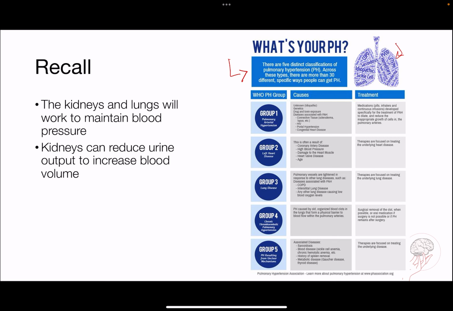But people may also just have heart disease, often the left heart disease. They may have some sort of lung disease, or a chronic thromboembolic pulmonary hypertension, or just unclear mechanisms.